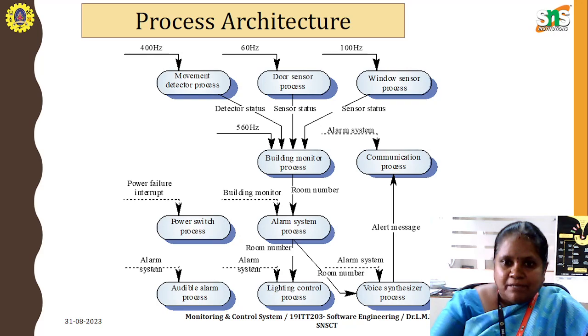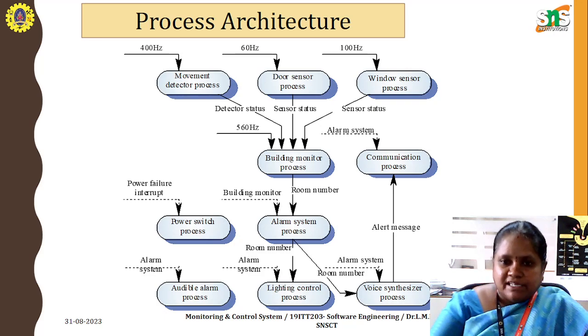So this building monitor and room numbers are given. If anything happens, the lighting control process automatically lights the lights in the respective room. The audible alarm will be made. Power and all these things happen when your alarm is turned on.